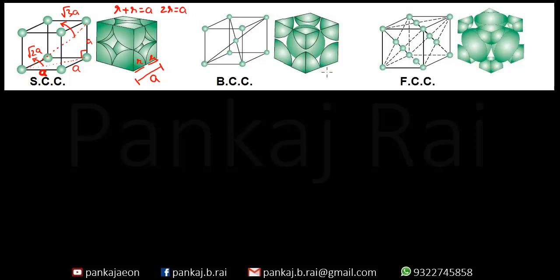Now moving ahead. Look at this diagram. In this you will see that the corner elements are not touching each other. Here also the corner elements are not touching each other. The body centered atom is touched by the two atoms at the opposite vertices of the 3 dimensions, this atom and this atom.